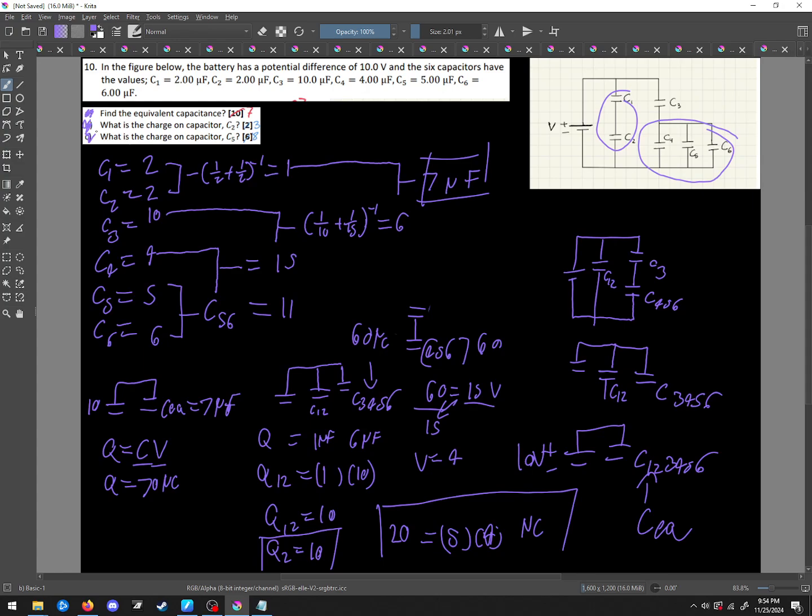Extremely hard to follow. I do apologize. But I hope that with some reference, that voltage carries over with parallel, and with series, charge carries over, and with parallel, charge adds up, and with series, voltage adds up, and of course how to add the equivalents.